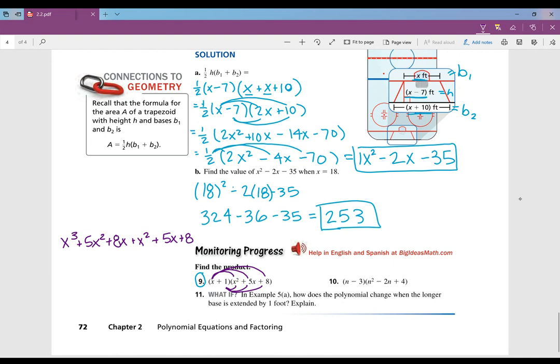So now we need to combine like terms. Our x cubed doesn't have any like terms, so that stays by itself. Now we have 5x squared plus x squared. So that's going to be plus 6x squared. We have an 8x and a 5x, so that's going to be plus 13x. Then we have our plus 8. And that would be your answer for number 9.